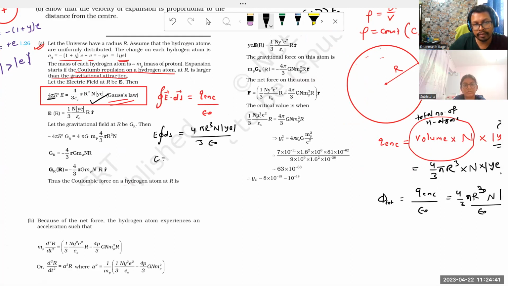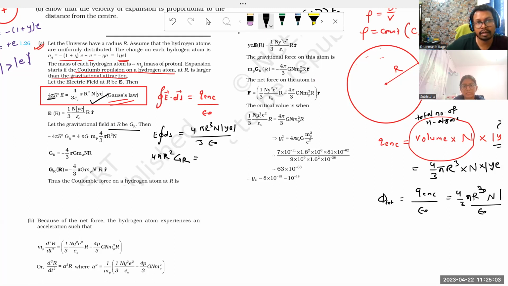And this E is equal to 4 pi r square into, they have taken field, gravitational field as g r.